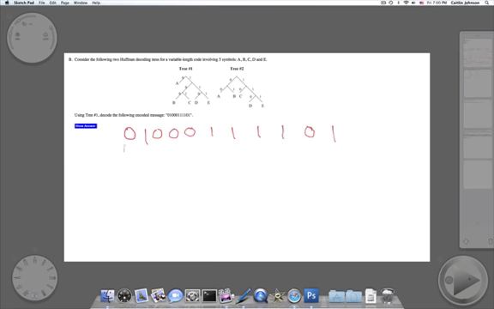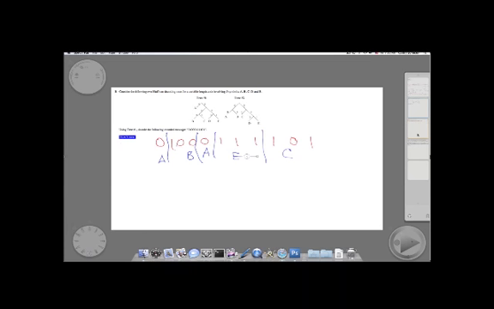The first symbol, we have 0, and if we trace this down on the tree, we get to A. So 0, stop, it's A. 1, 0, 0, stops at B. Now, 0, again, just stops at A, there's nowhere else to go. 1, 1, 1, stops at E. And then 1, 0, 1, stops at C. So now we have our message decoded.